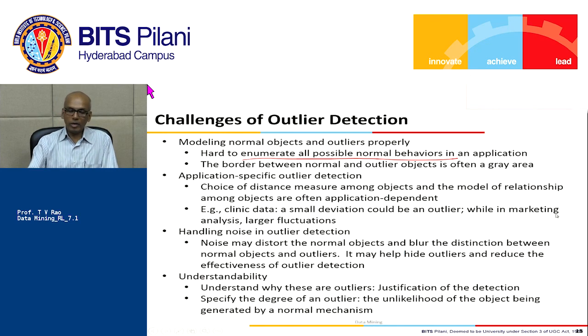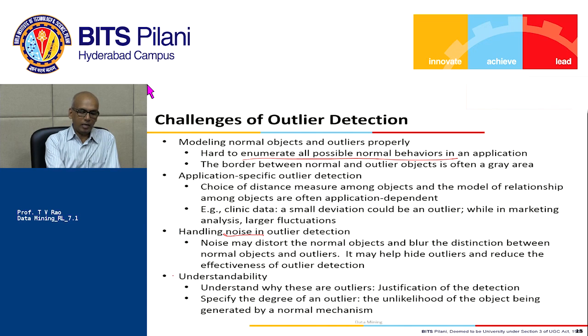But when we are looking at marketing analysis, it's possible that significant fluctuations are acceptable. And outlier detection works only if we can handle the noise well. So if we cannot differentiate the noise and outlier, we are going to report many false positives.